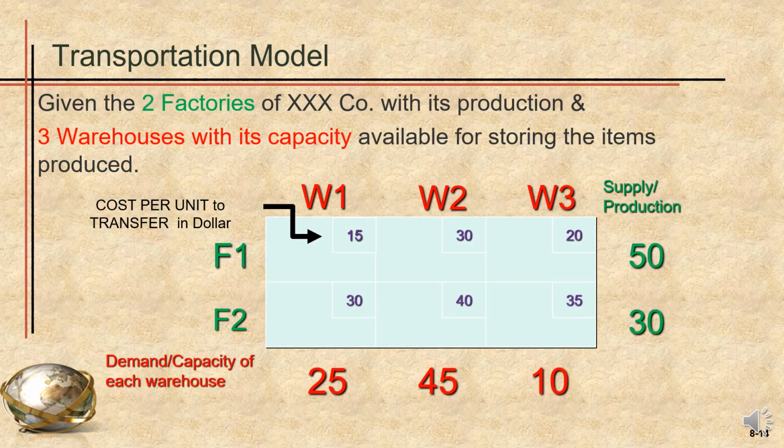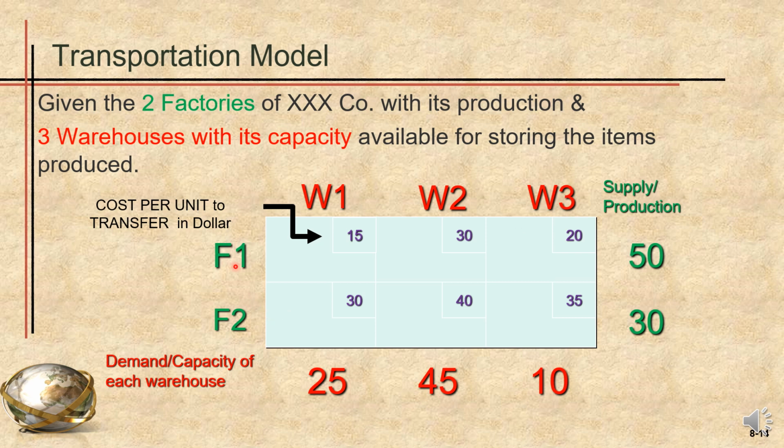To understand the approaches in the transportation model, we have to understand first the transportation table. We have here an example for XXX company, wherein XXX company has 2 factories represented by F1 and F2, and 3 warehouses represented by W1, W2, and W3.